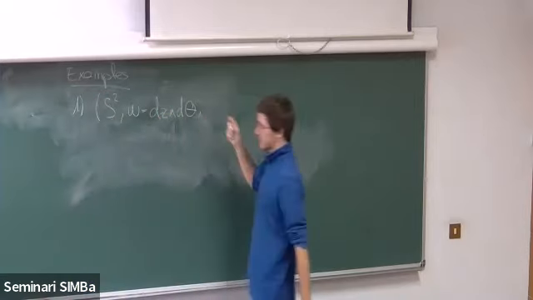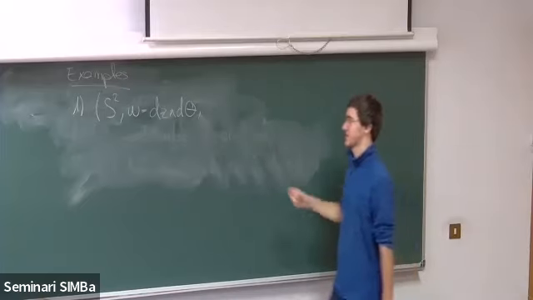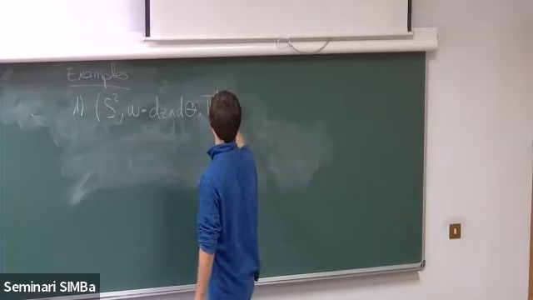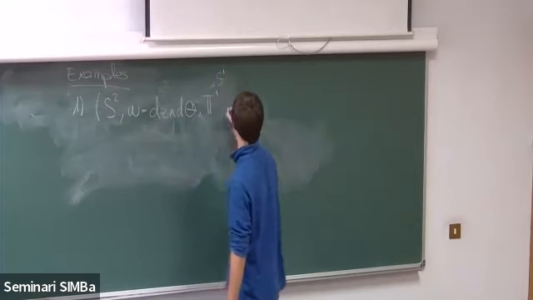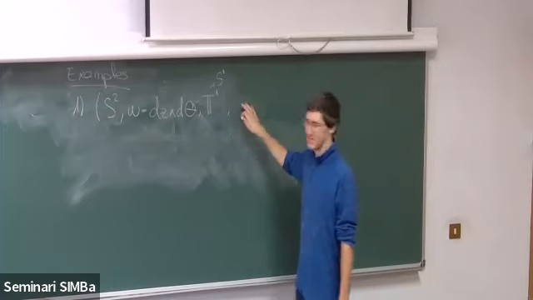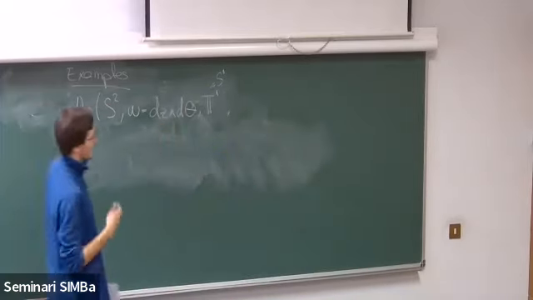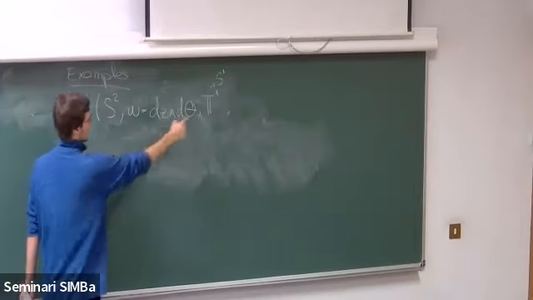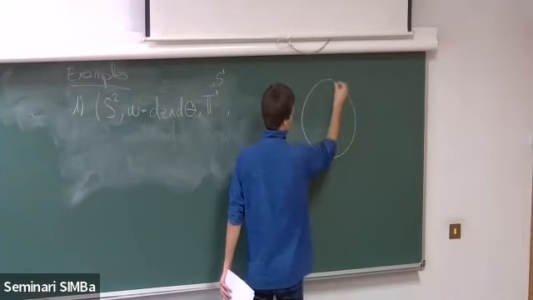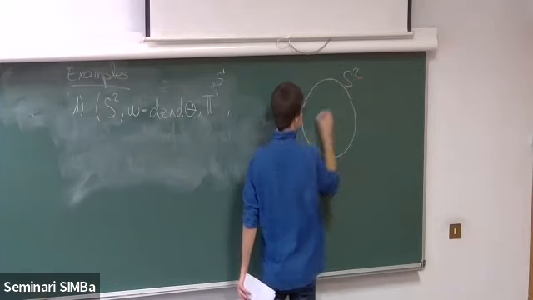And which is the action that corresponds here? It has to be the action of the torus of half the dimension, so essentially one, with some moment map that I will not write because I want it to appear naturally. So the torus of dimension one acting on the sphere of dimension 2.